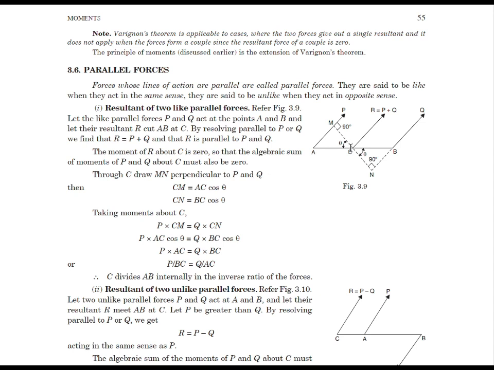The point C will lean more towards the force which is larger. So if force P is higher, C will lean towards point A, because the moment of P into the perpendicular distance will be lesser, and the moment of force Q can only be balanced if we increase its distance, that is CB.